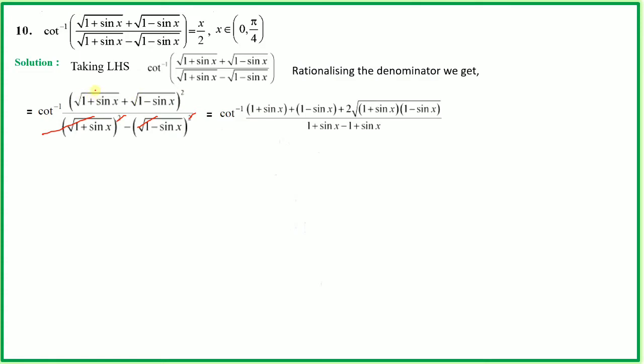So a square means, like I told you, under root 1 plus sin x whole square, then the square and square root cancel and you will have 1 plus sin x inside.